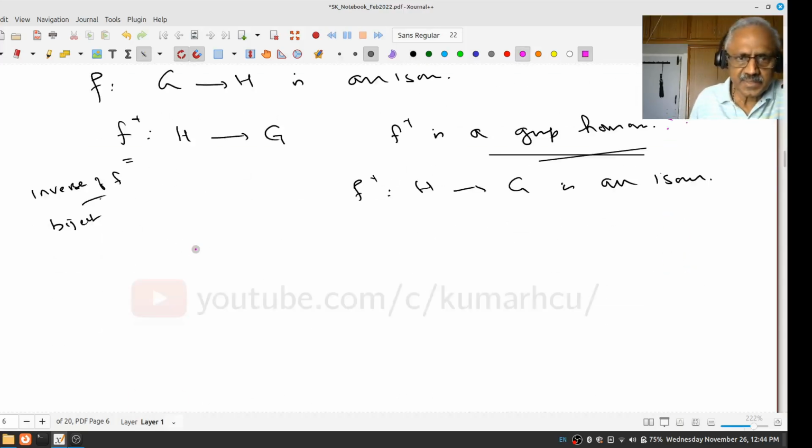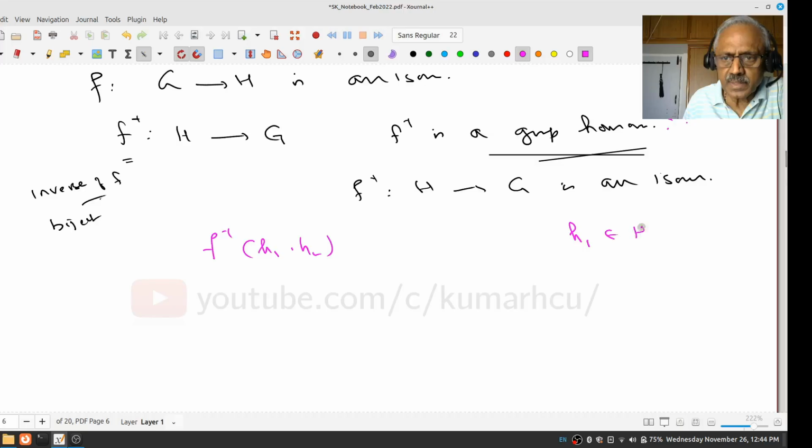That's very easy. Let us look at F inverse of H1 H2. Now what is H1? H1 lies in H. Since F is a bijection, there is a G1 such that F of G1 is H1.